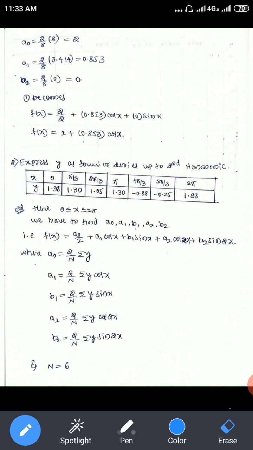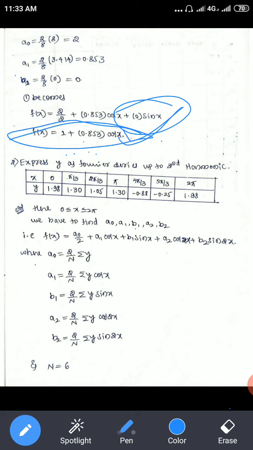So f of x is equal to a naught divided by 2, that is 2 divided by 2, plus a1, 0.853, into cos x, plus b1, that is 0, into sin x. So this is 1 plus 0.853 into cos of x. This is what your first harmonic is.